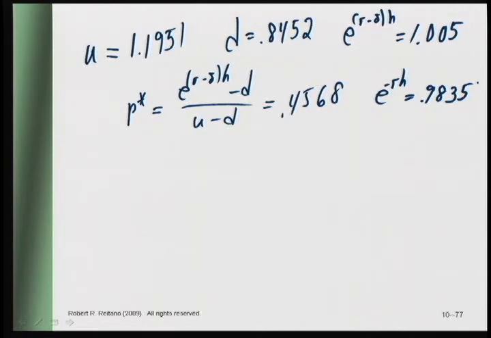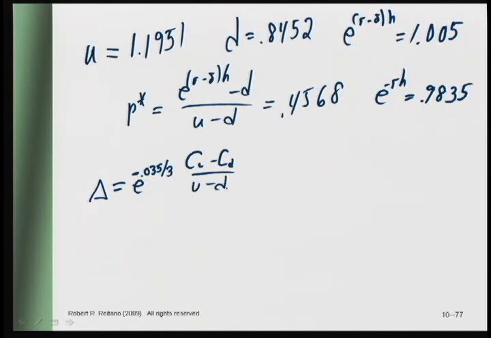And then we can proceed in calculating the delta in any one of these states as the dividend yield present value of options, Cu minus Cd over u minus d.